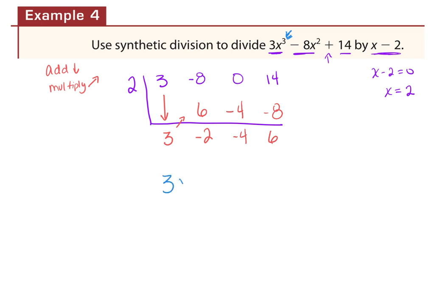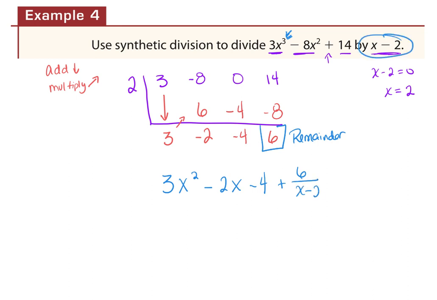So 3x squared minus 2x minus 4, and this will always be my remainder. So I'm going to say plus 6 over what I was dividing by, x minus 2. And that is my answer for synthetic division. All right? About synthetic division.